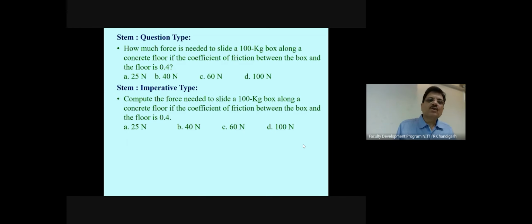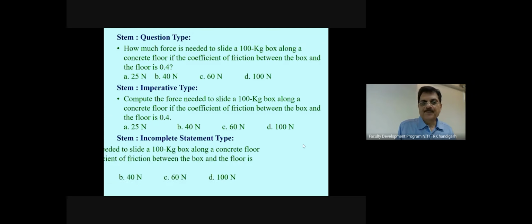Now उसी क्वेश्चन को we have written in the form of a sentence statement. Compute the force needed to slide a 100 kg box along a concrete floor if the coefficient of friction between the box and the floor is 0.4 and में full stop. अब इसी क्वेश्चन को आप completion type में लिखेंगे.